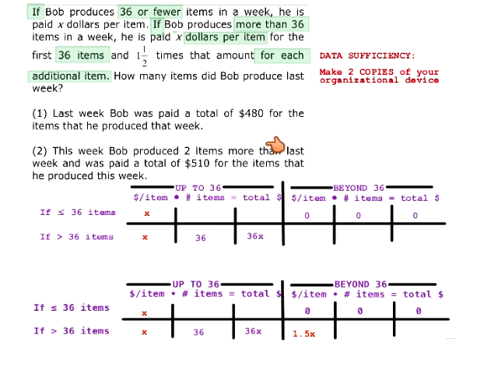Let's think about the individual statements for a sec. Because remember, you want to not lose sight of your goals, right? How many items did Bob produce? Can anybody dispatch the individual statements quickly?